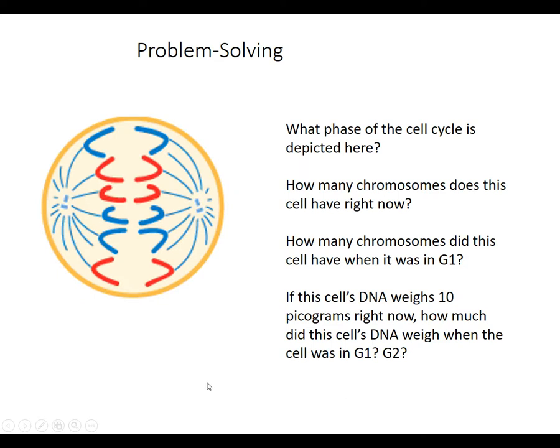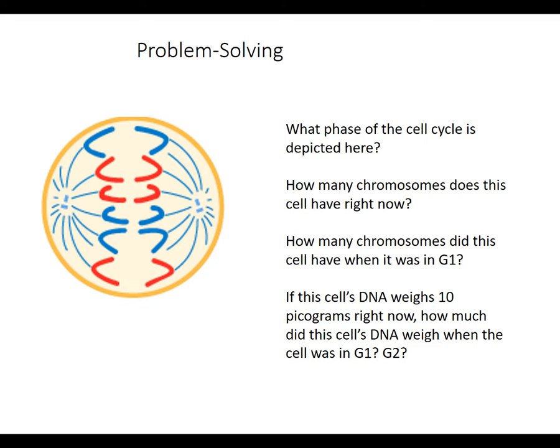There are several ways I can ask questions, and like I said, I've given you some practice problems in this module. First of all, if we're talking about the cell cycle and I give you a picture like this and ask what phase of the cell cycle is depicted here, you should be able to identify from a diagram like this that this has to be anaphase, because the chromatids are being pulled apart.